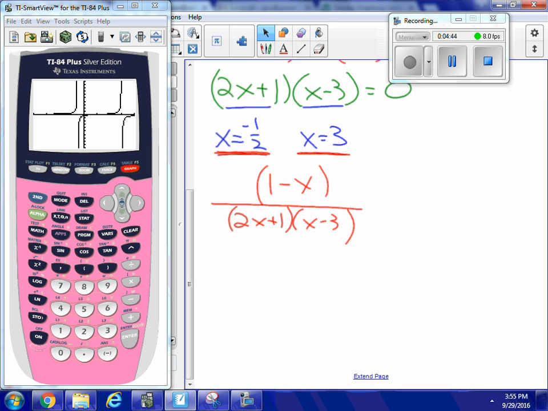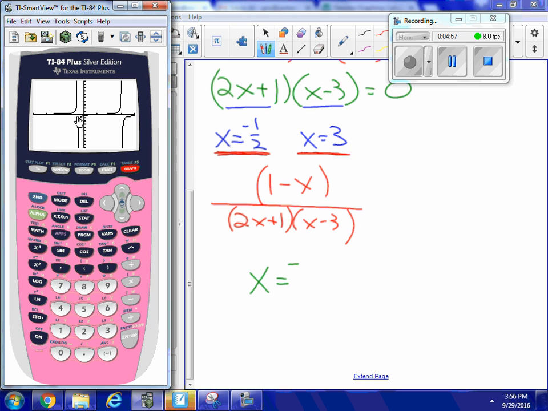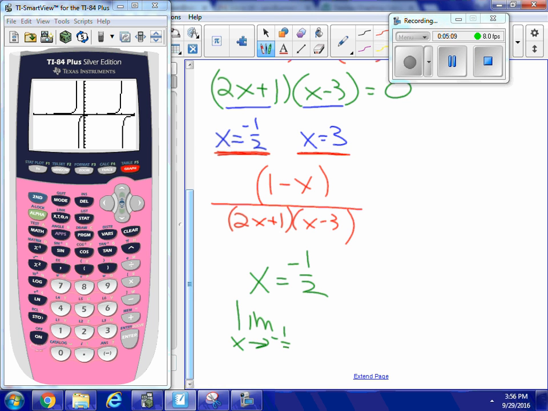Let's call the equation of the asymptote furthest to the left x equals a. So I'm looking at this asymptote right here, and I'm going to call it x equals a, so x is equal to negative 1/2.